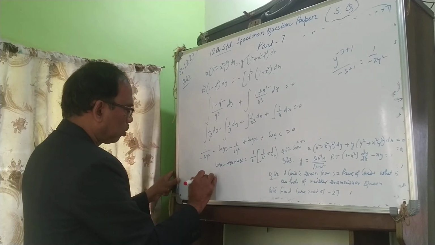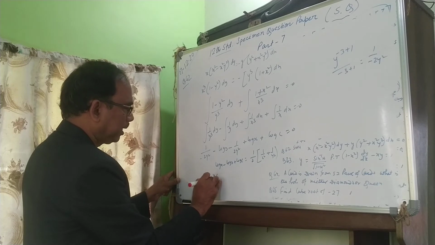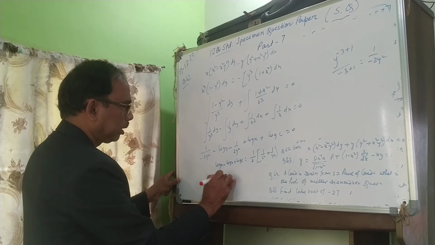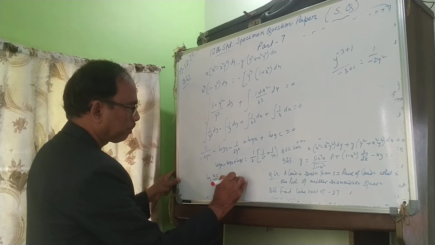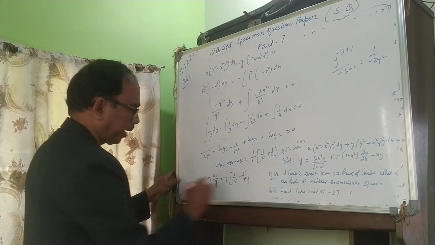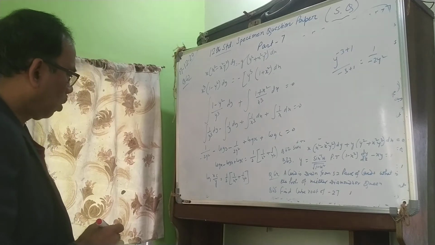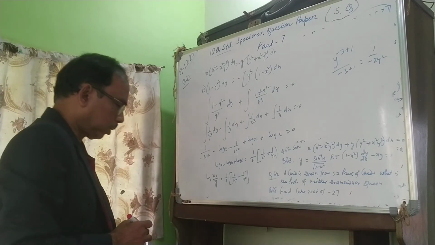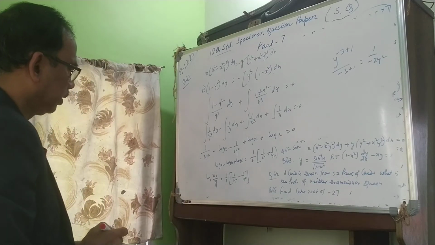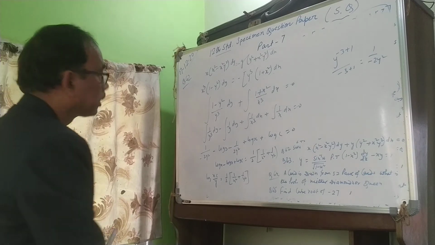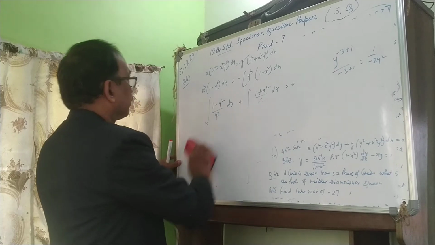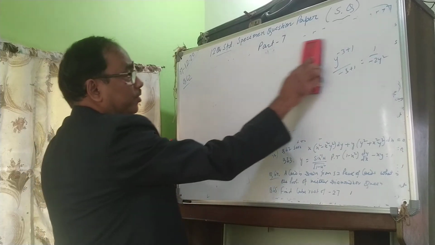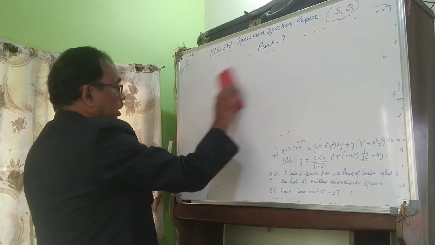That is log of xc by y equals half of 1 by x square plus 1 by y square. That is the solution of the given differential equation. Next, question number 63.